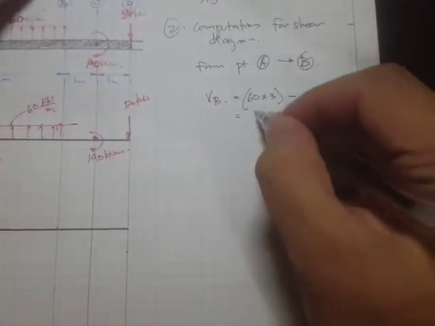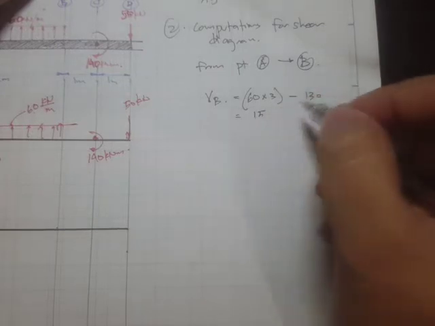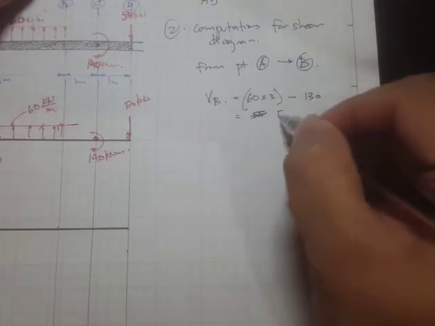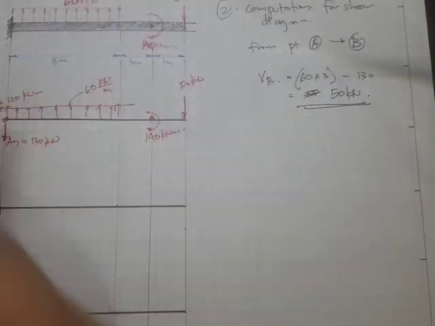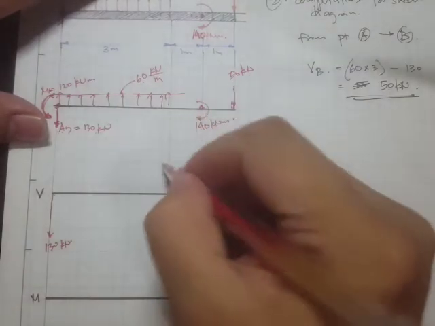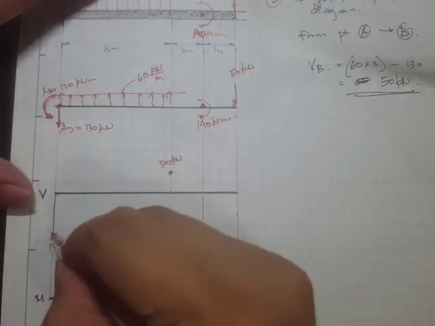Sorry, because 180 minus 130, this will be 50 kilonewtons. So right here we have 50 kN. And this will be linear.